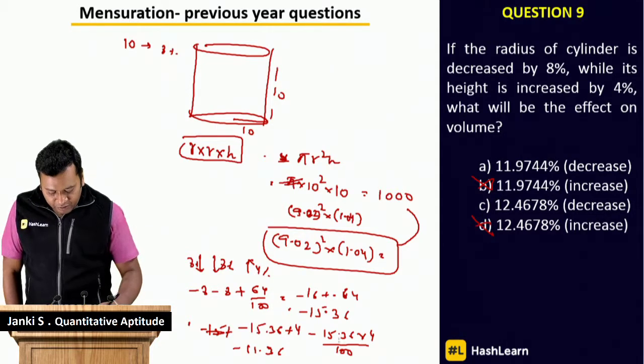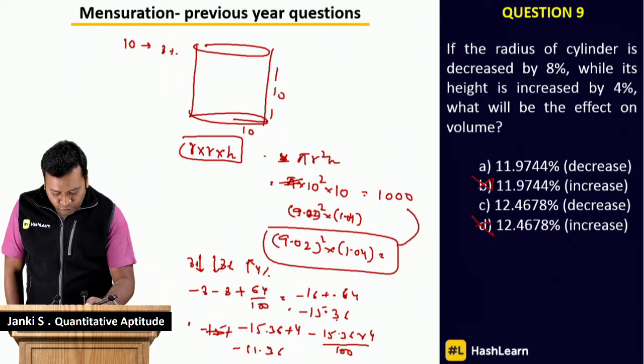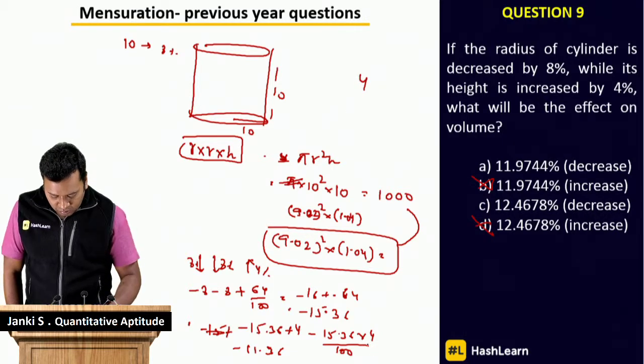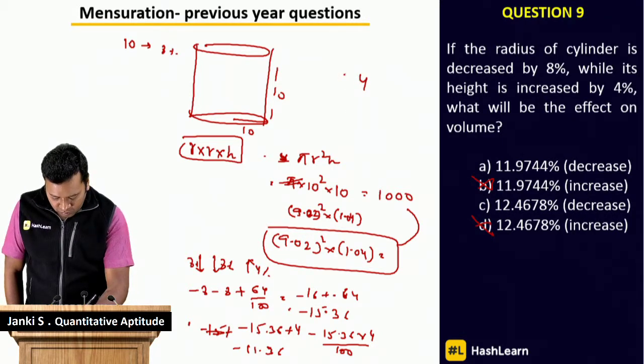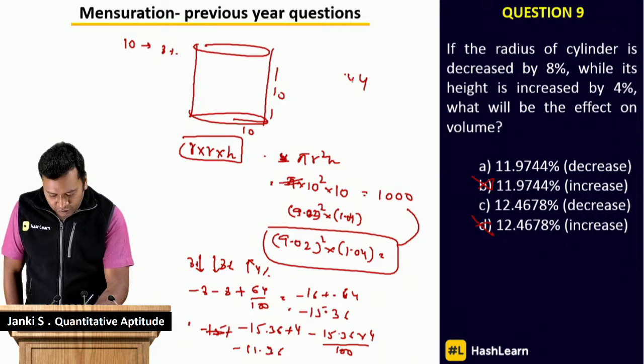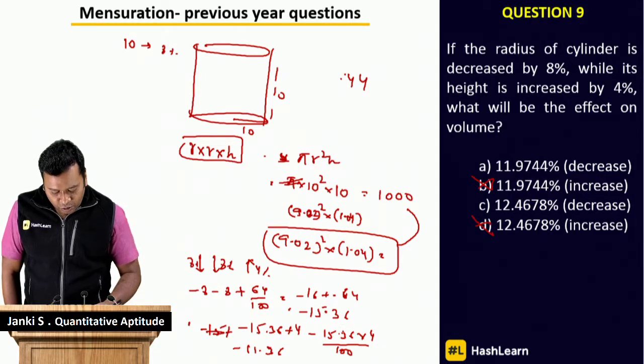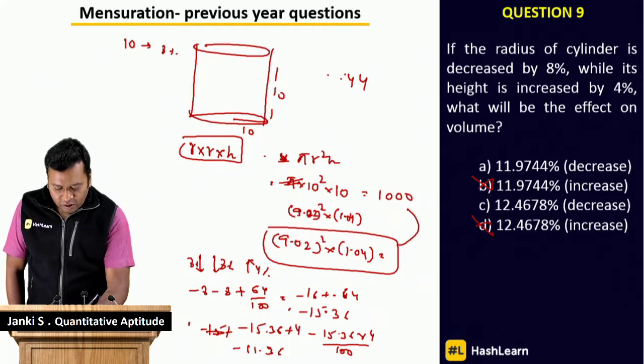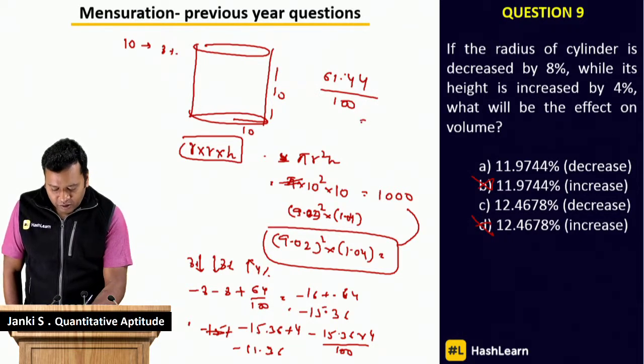If we multiply 15.36 into 4, how much is it? 36 into 4 is 144. 1 is carryover. 15 into 4 is 60. 61 by 100 is my value. That means the value is 0.6144.